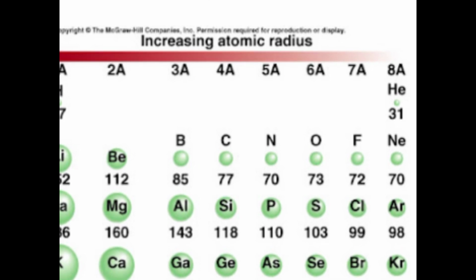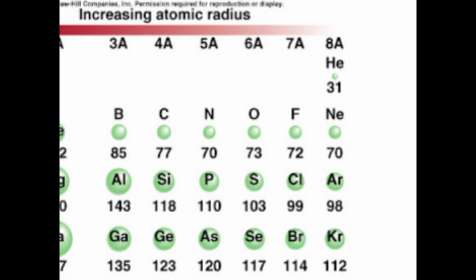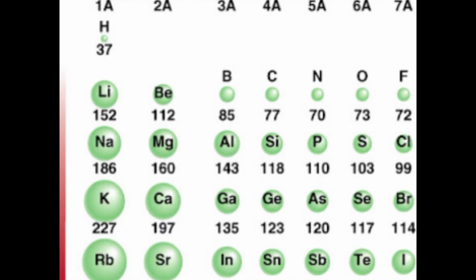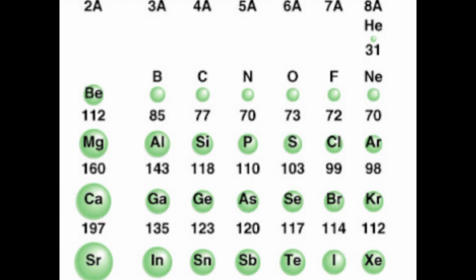Here you can see that hydrogen has 37, helium has 31, lithium 152, beryllium is 112, boron is 85, carbon 77, nitrogen is 70, oxygen is 73, then 72, and again neon has 70.